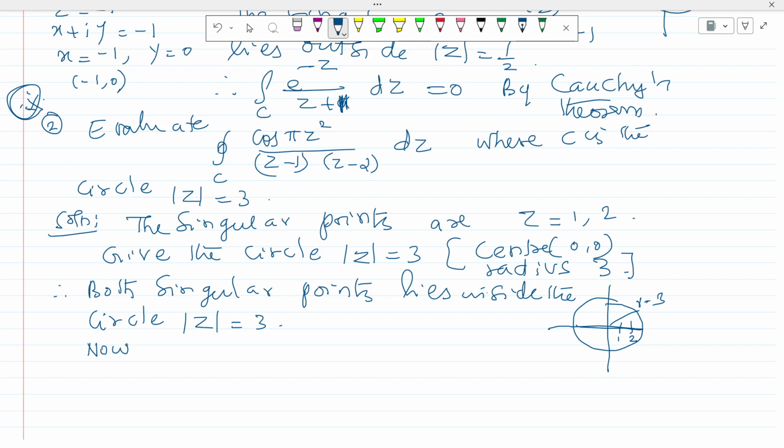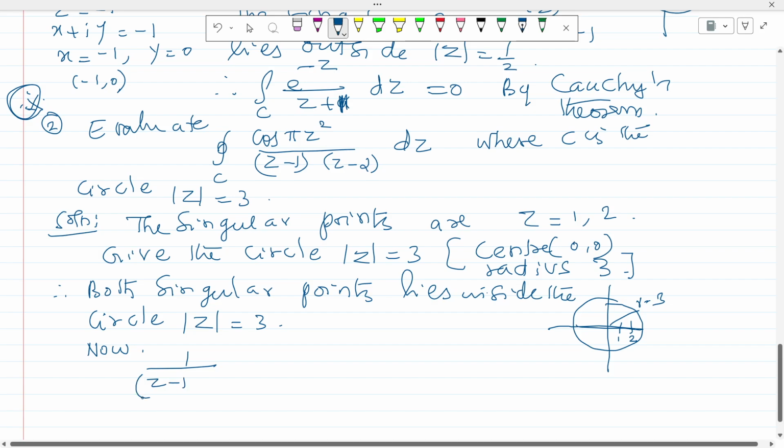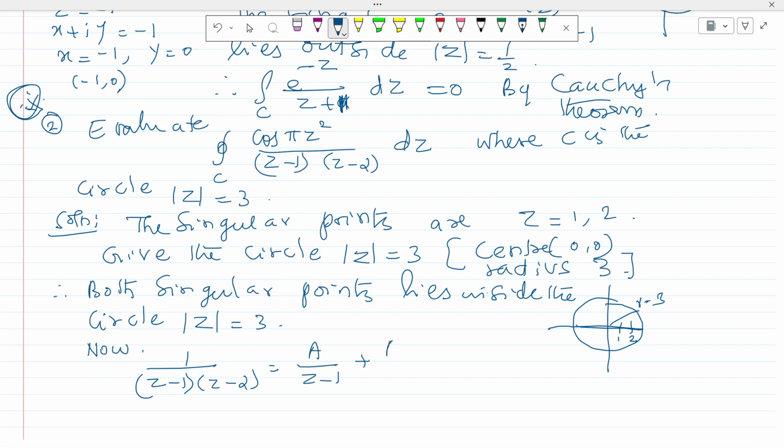Now listen, the form f of z by (z minus a)(z minus b) is not the case here. We are not able to calculate this directly. Therefore, we write 1 by (z minus 1)(z minus 2) as a by z minus 1 plus b by z minus 2.